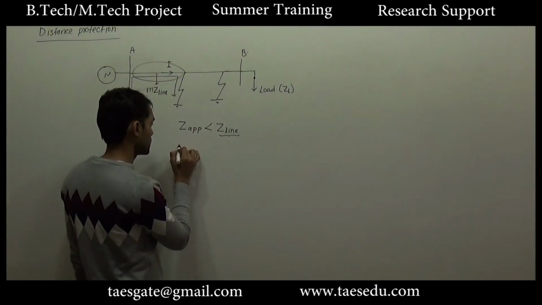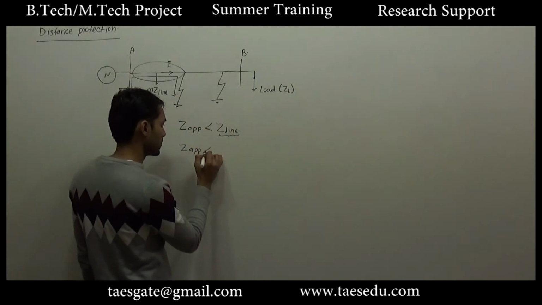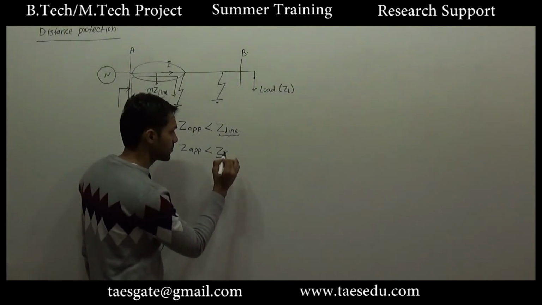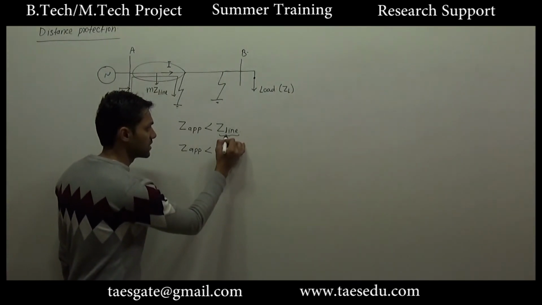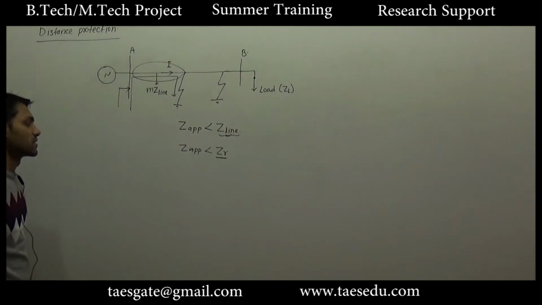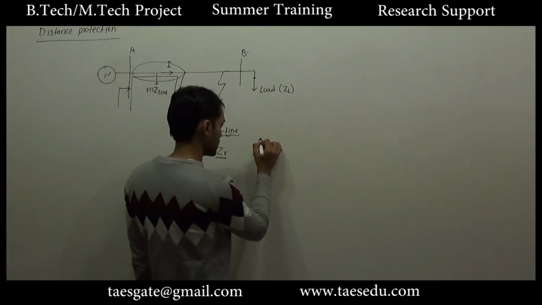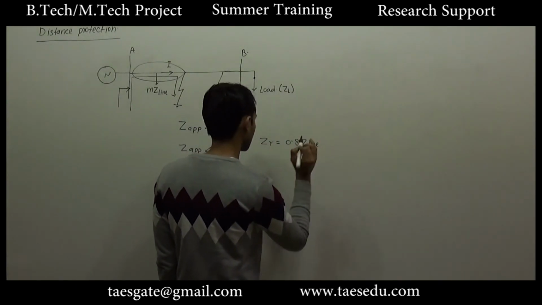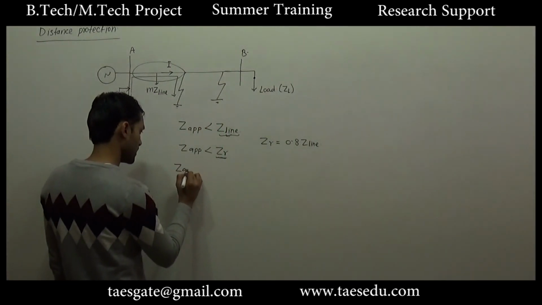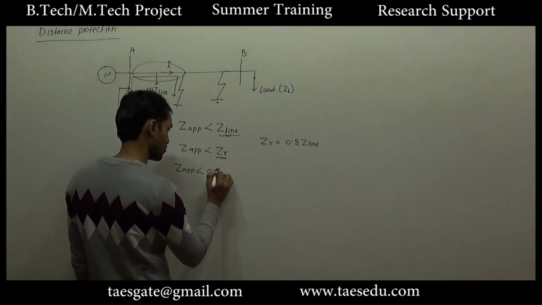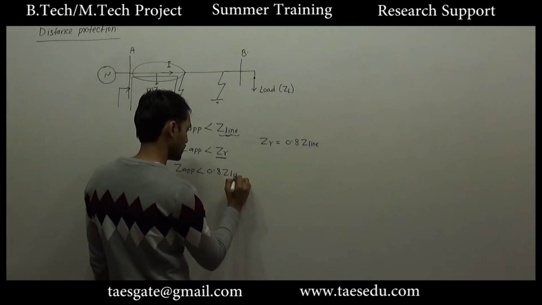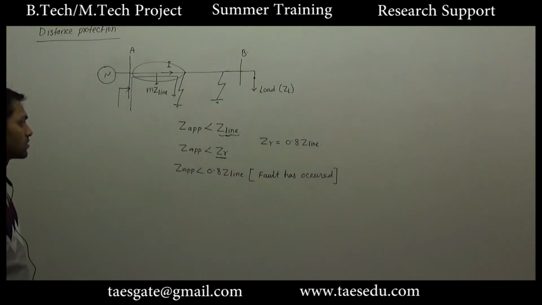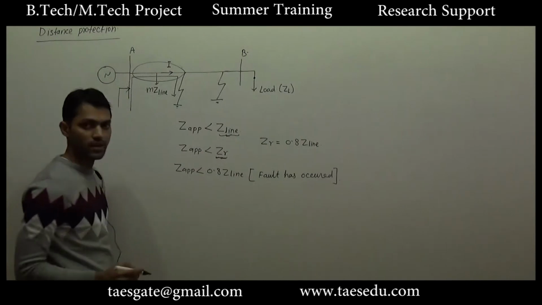Instead, Z apparent is compared with a reference impedance, and this reference impedance can be chosen independently. This reference impedance may be less than the total line impedance. Let's say if ZR is 0.8 of the line impedance, it means if the apparent impedance is less than 0.8 of the line impedance, we will say that a fault has occurred. So the reference impedance can be chosen independently.